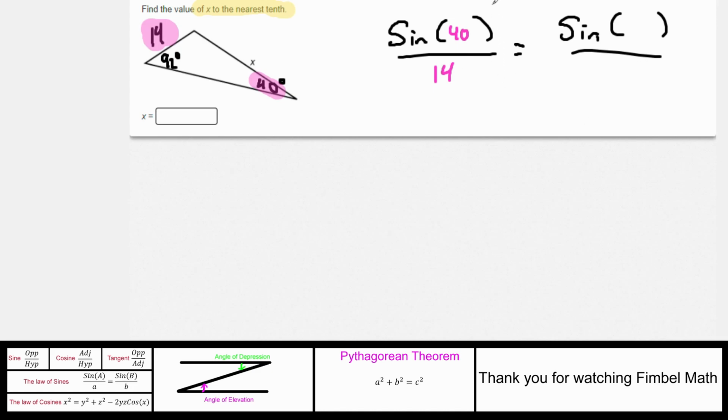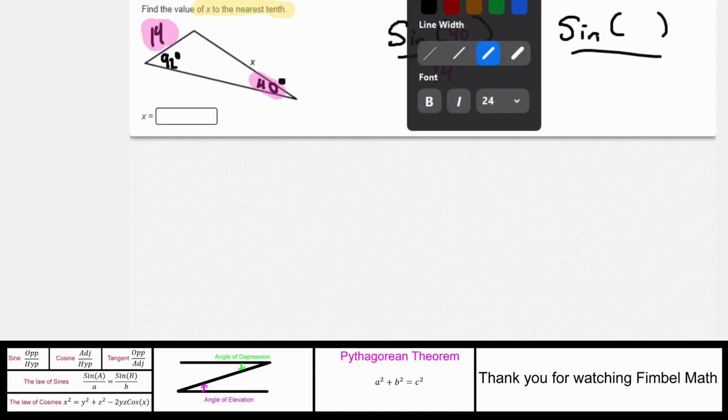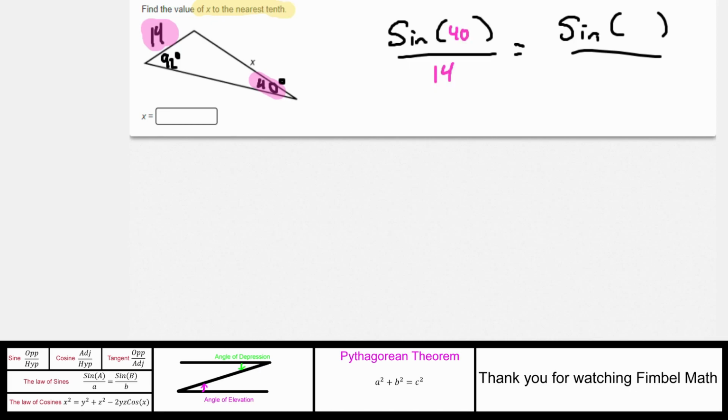My second question in determining whether or not I can use the law of sines is, do I have a second known angle and its opposite side or its opposite piece being unknown? And here I do. This is going to be sine 92 over x. And now I can use the law of sines to solve for x.